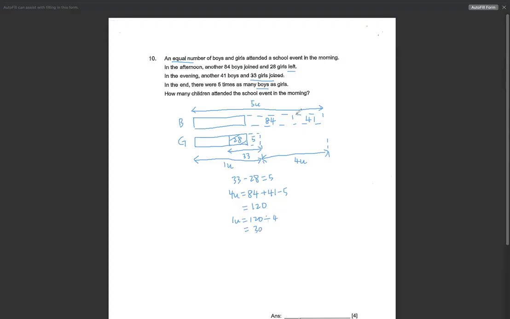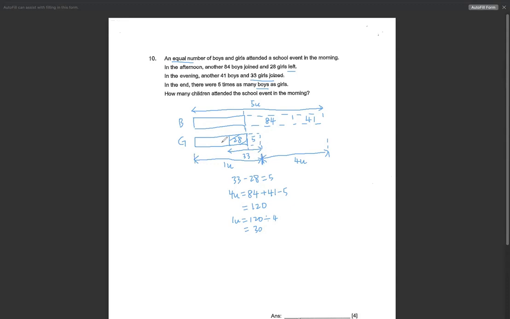Once we find 1 unit, we always go back to the question: how many children attended the school event in the morning? Basically we just need to find out how much is the girls. This is the beginning, the original amount, and then we times 2. Take note, here to here is 1 unit, right?